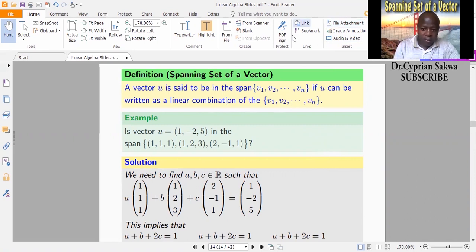So just to remind you what we did last time, we were looking at whether a set of vectors spans a vector space.